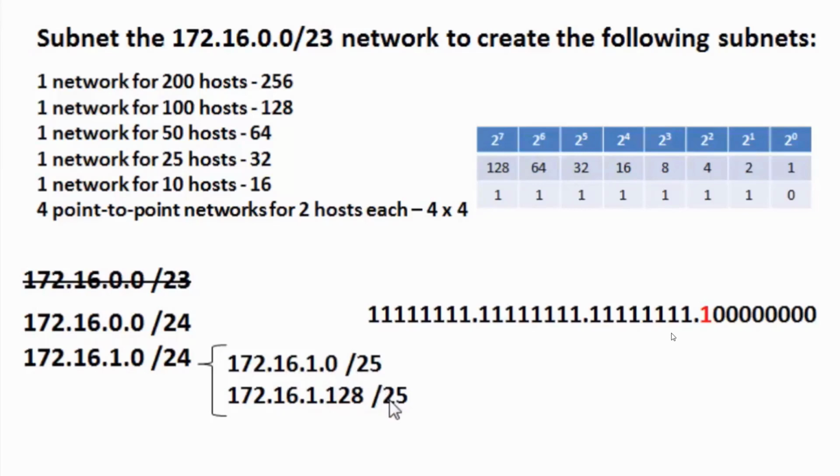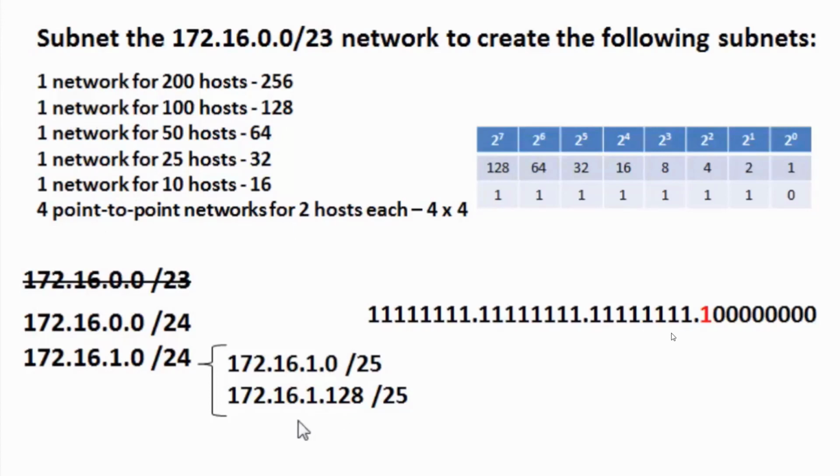Both subnets have a magic number of 128, meaning the networks go up by 128. So I've taken this one network of 256 hosts and subdivided it into 2 networks of 128 hosts each. Now I have a subnet to meet this second requirement.